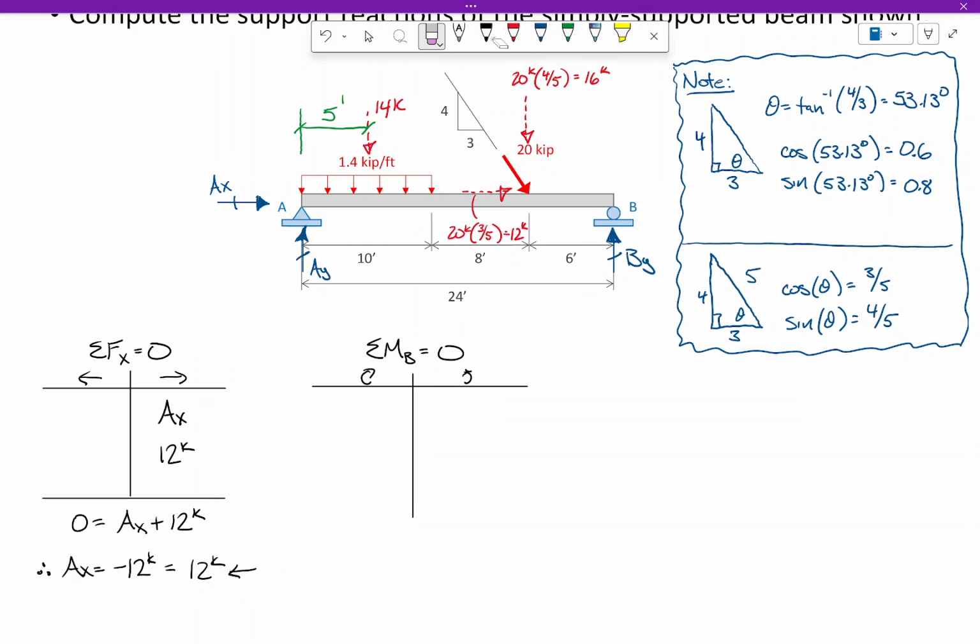Do I need to consider BY? Let's start here and work my way over. Do I need to consider the 16 kips right here? Does it generate moment at B? Okay, what's my moment arm? 6. And so if I'm at B going like that, 16 times 6, that's over here.